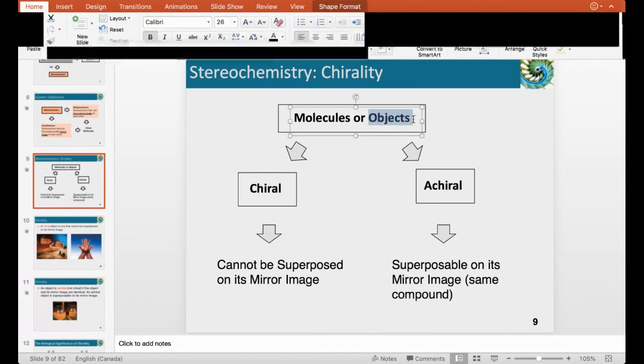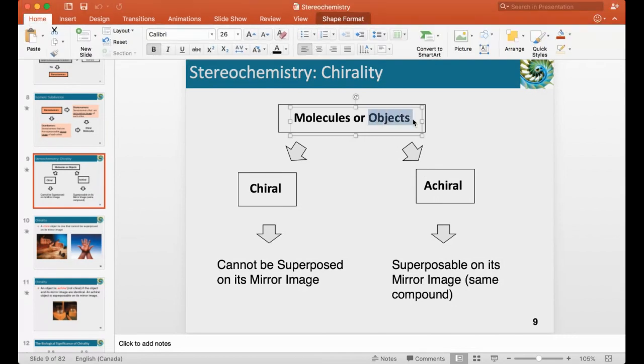Objects can also be classified as chiral and achiral. And the definition is something that at this point is familiar for you. So the definition of a chiral object is an object that cannot be superposed with its mirror image. Simply, they cannot be superposed with its mirror image.